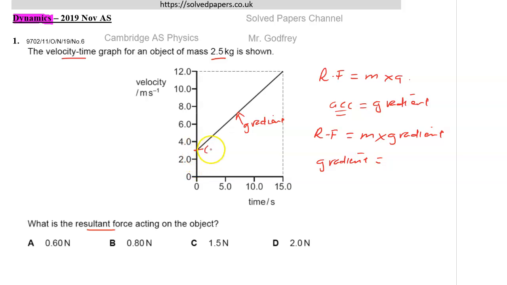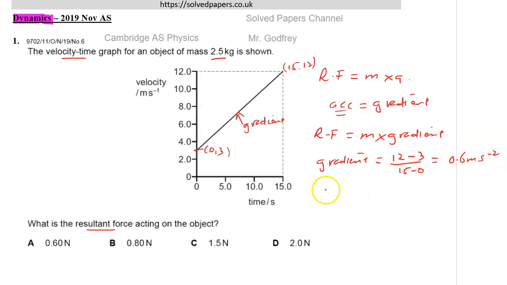This is 3, 0, 3. And I'll get this other point here. This is 15, 12. So then I'll have 12 minus 3 over 15 minus 0. This will give me 0.6 meters per second squared.